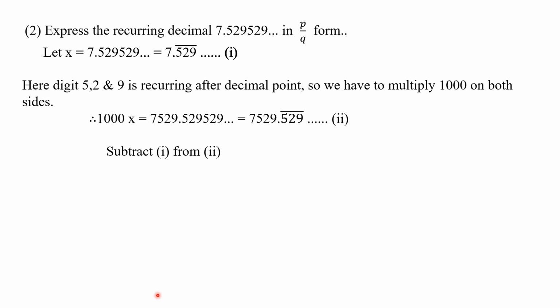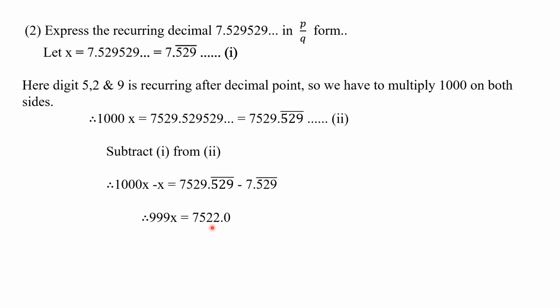So you'll get 1000x minus x on the left hand side, equal to 7529.529 minus 7.529. When you do the subtraction, it will become 999x equal to 7522. After the decimal point it will become 0, and we subtract 7529 minus 7. You'll get 7522.